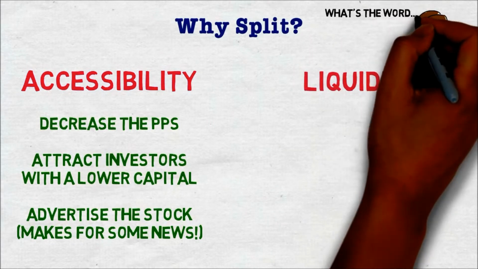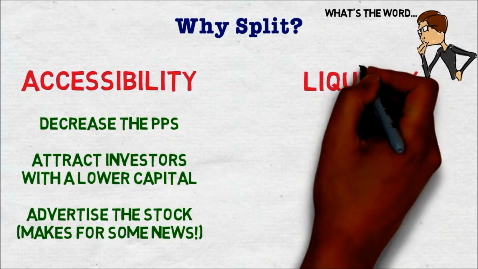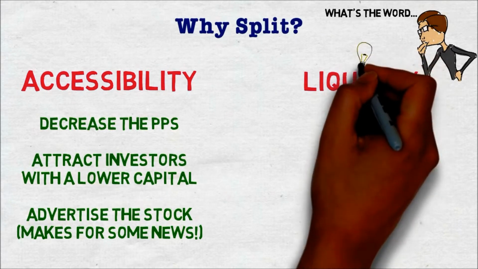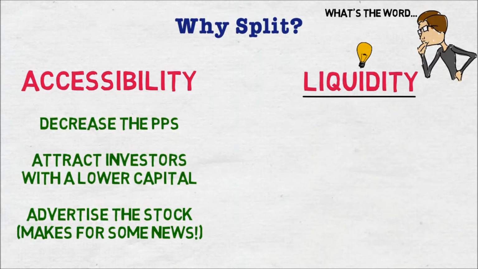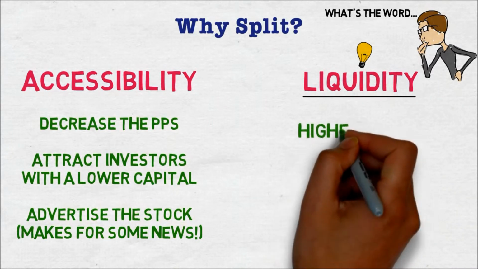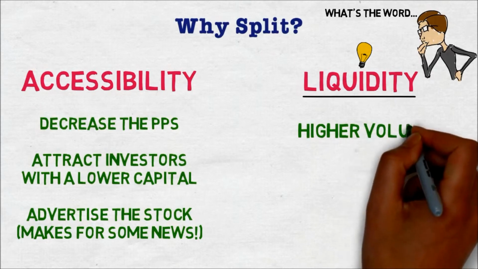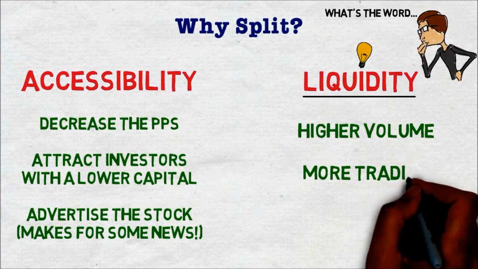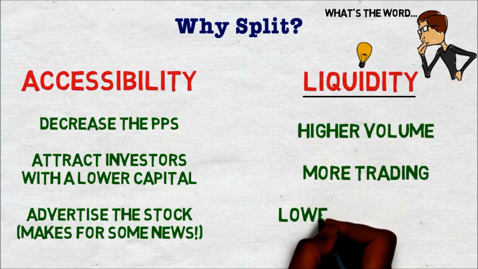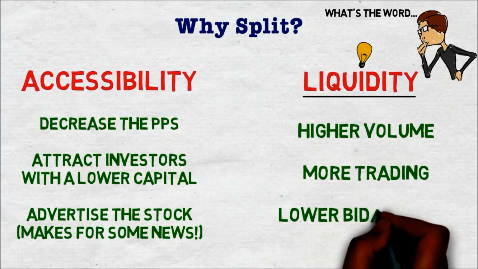So it would lower the ask and bid ratio, basically, is what it means. It would make it easier for traders to go in and out of the stock because it would increase the liquidity of that stock. So you're lowering the price, you're increasing the amount of shares. It makes it easier for investors with lower capitals to get in, get out.